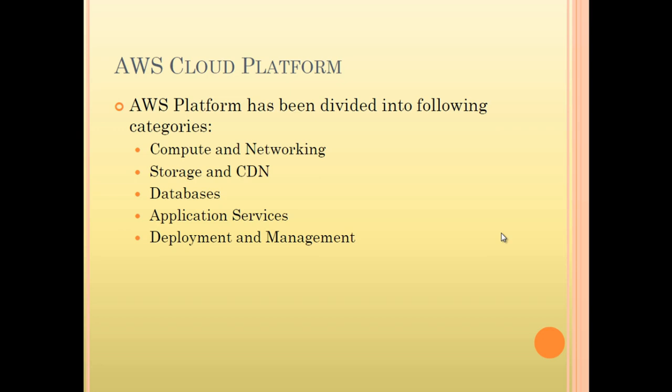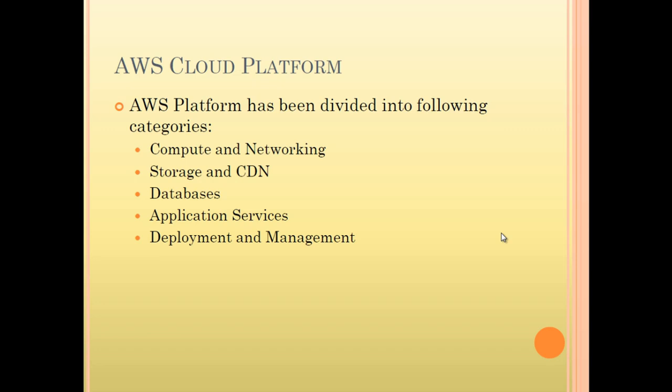Now the AWS platform has been divided into these categories: compute and networking, which includes your virtual servers and your VPCs; storage and CDN, which includes various storage services that AWS provides, and we talk about some of them, and also the content delivery network.